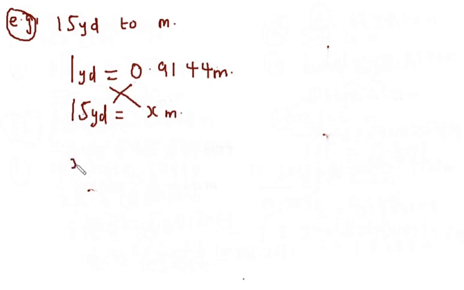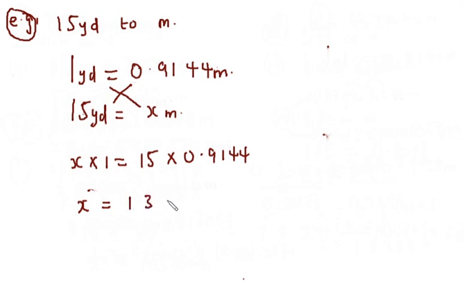So x times 1 is equal to 15 times 0.9144 meters. x times 1 is x, and this is equal to 15 times 0.9144, which is 13.716 meters. This simply means that the equivalent of 15 yards in meters is 13.716 meters.